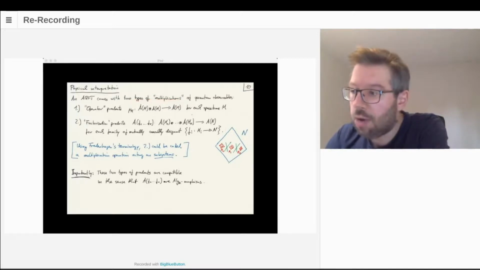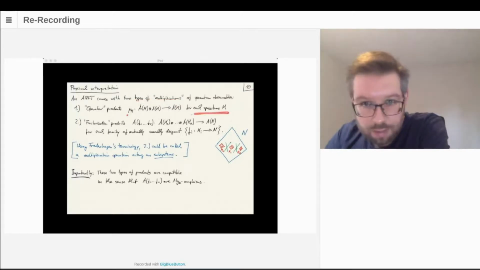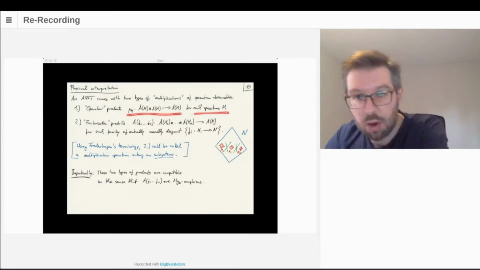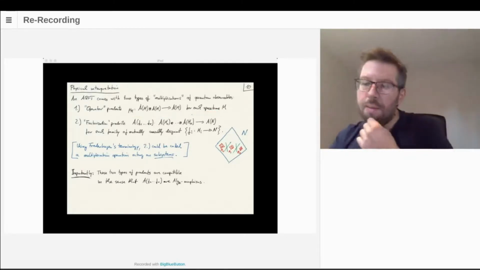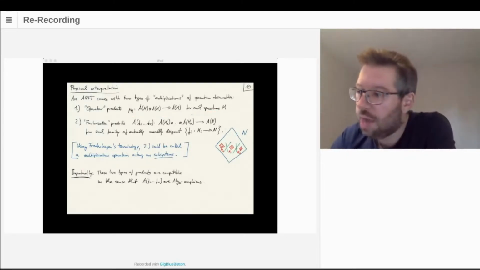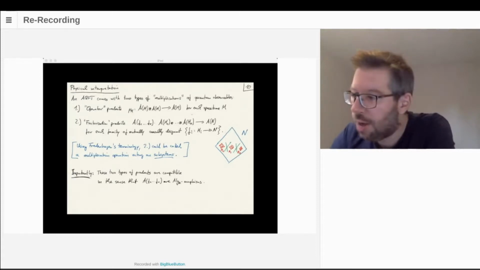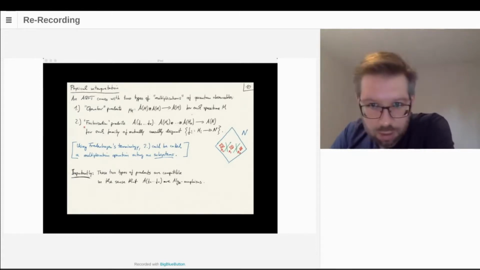On the one hand, for each spacetime M, you have an associative multiplication on the observables on M. So this is the ordinary operator product. This is how you multiply your operators. But in addition to that, an AQFT has another type of multiplication given by these factorization products.